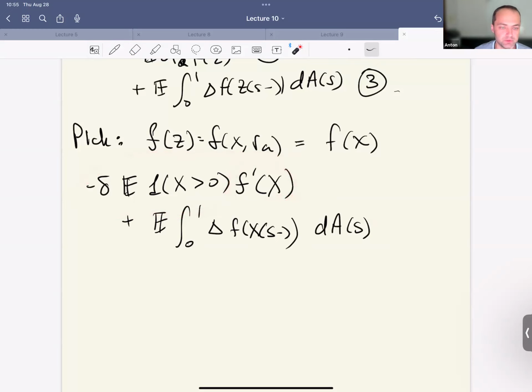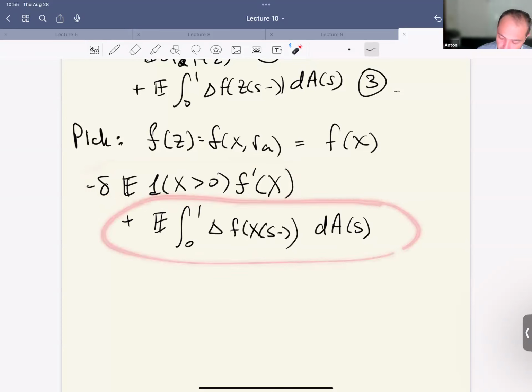This is like a first order term, so I have some negative drift. This is basically saying that as long as there is workload in the system, the workload will be decaying. And so my diffusion process should have a negative drift as long as it is bigger than 0. That makes a lot of sense.